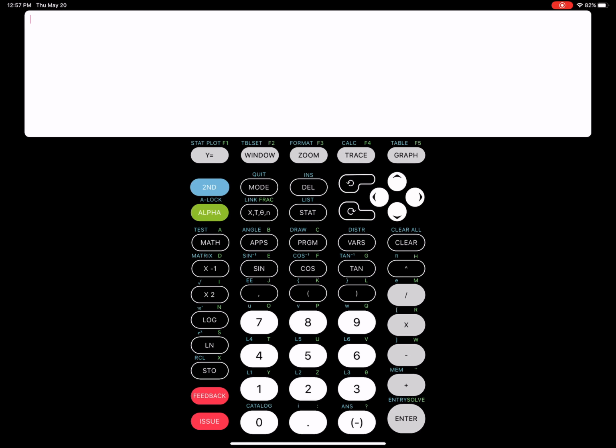Let's try this one more again. 8,500 times E to the 0.0675 times 25 power. Enter.